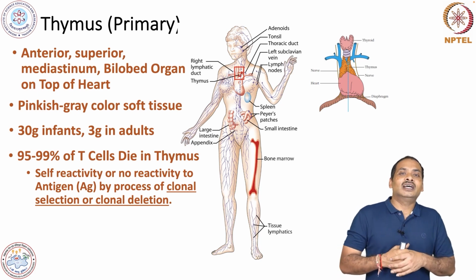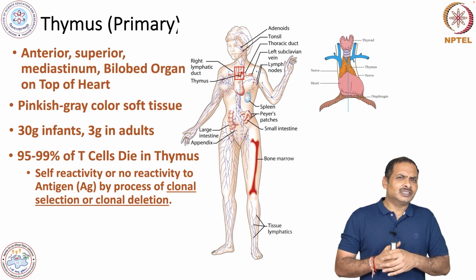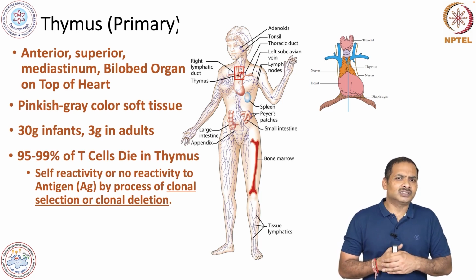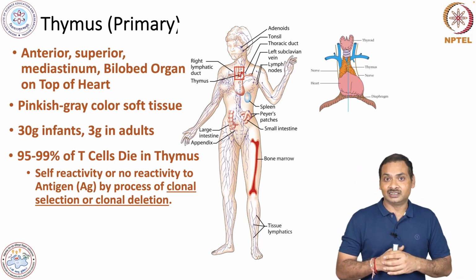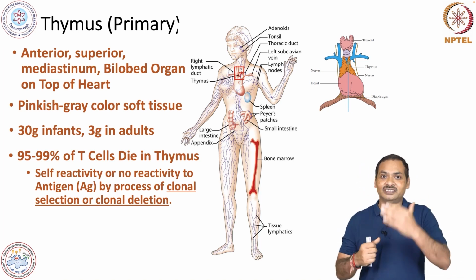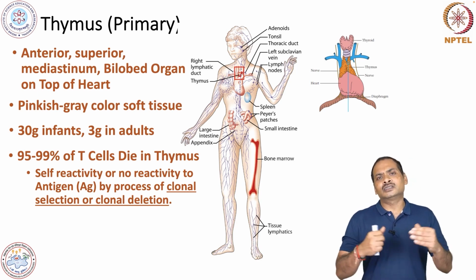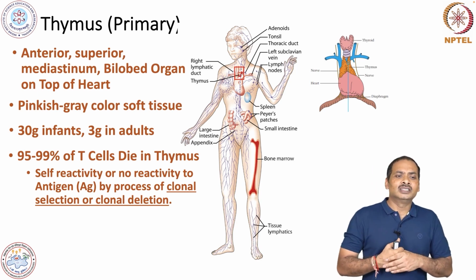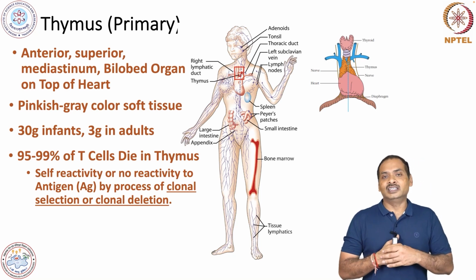And why do they die? Because there is a very strict selection process in the thymus, in order to become immunocompetent naive T cells.